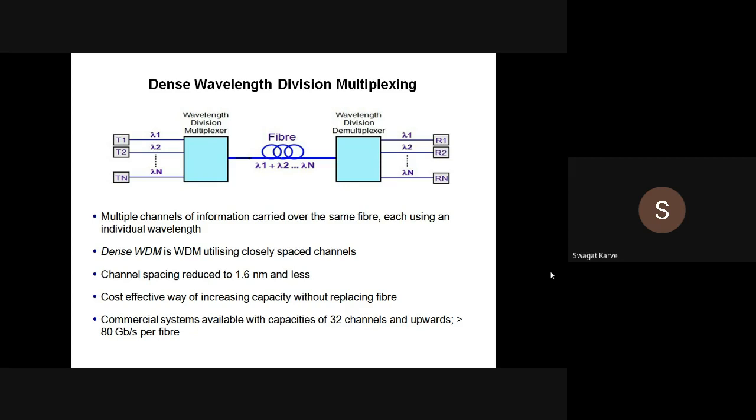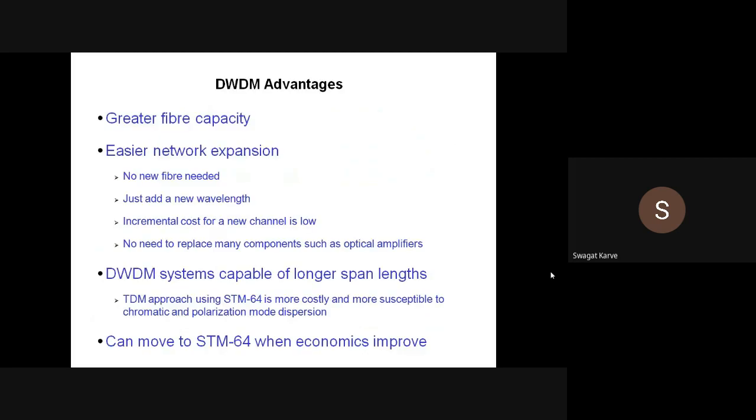For WDM it is at least 1.6 nanometer and within 25 nanometer, but for DWDM it is less than 1.6 nanometer, and this is the major difference between WDM and DWDM, right? And that's why the name dense wavelength division multiplexing.